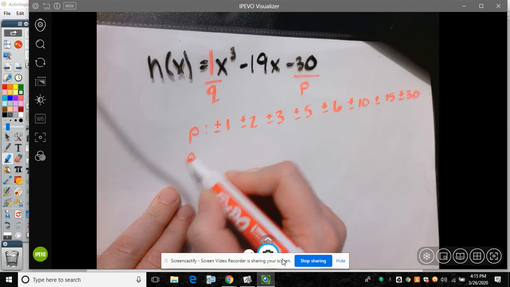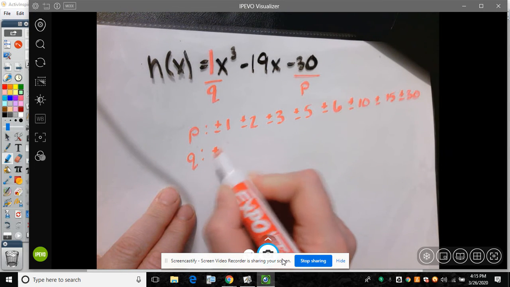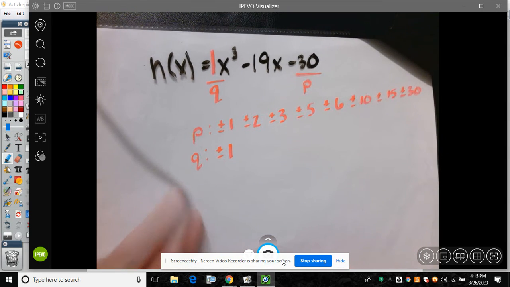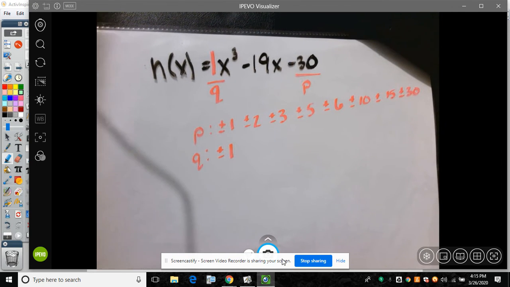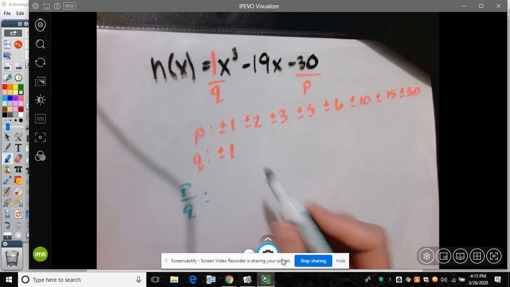And then q are the lead coefficient factors. The factors of 1 are just plus or minus 1. So I'm going to use those to find the possible rational roots, taking every p divided by every q. This one's a little bit easier because there's only one q.